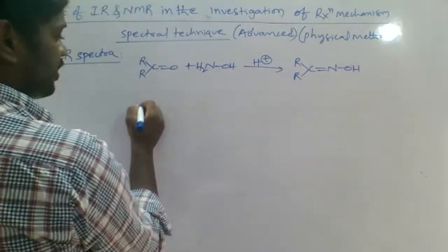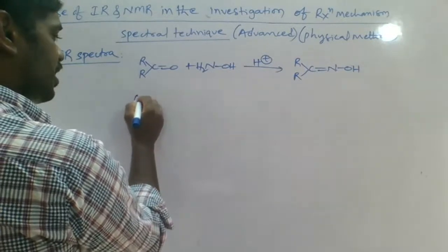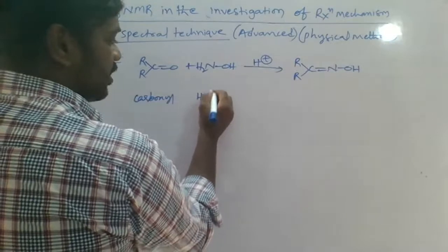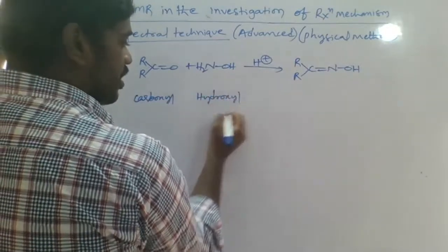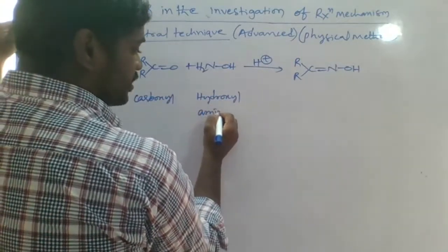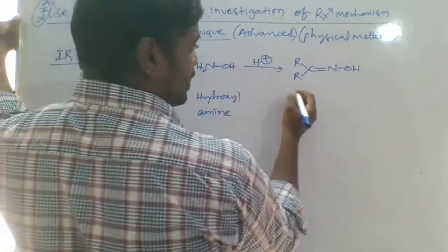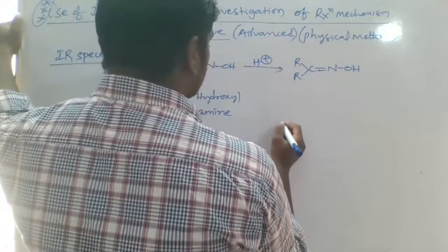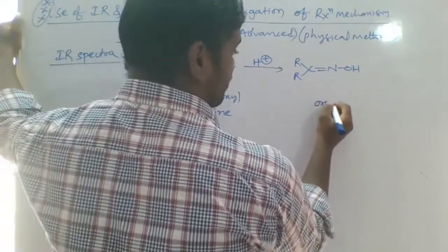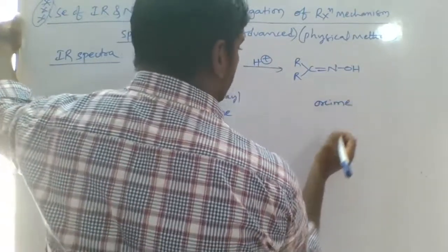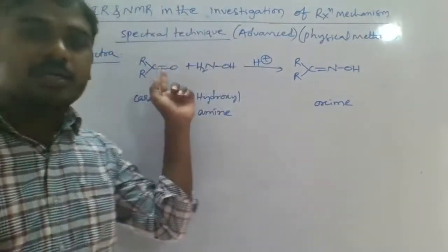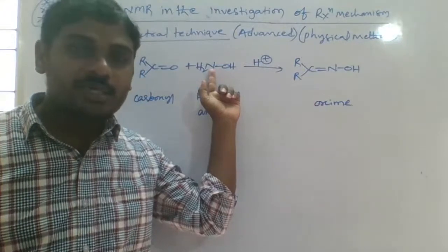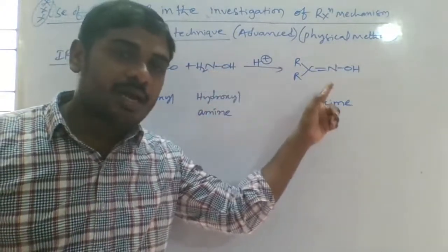This is an aldehyde or ketone carbonyl, reacting with hydroxylamine in the presence of acid. So in this chemical reaction, a carbonyl functional group reacts with hydroxylamine hydrochloride, and the resulting product is an oxime.